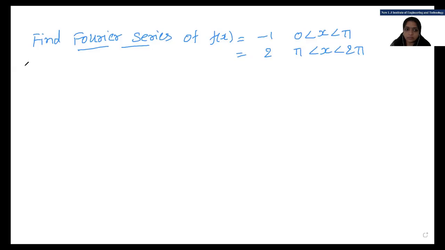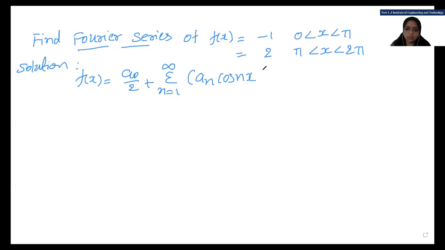In this case, we apply the same formula of f of x is equal to a0 by 2 plus summation n 1 to infinity an cos nx plus bn sin nx. And then we start with our a0, that is 1 by pi, 0 to 2 pi f of x dx.